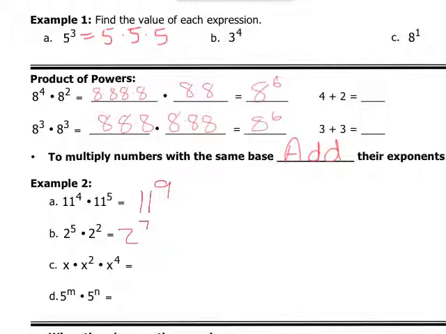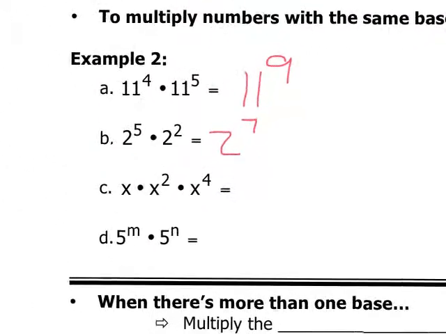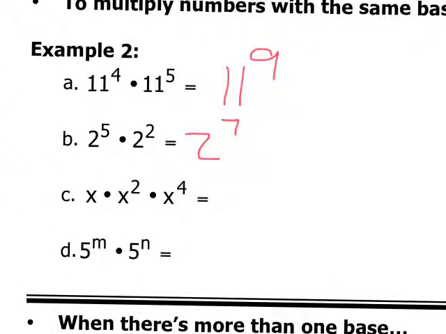If you really want to, you can put a little placeholder of 1 as the exponent. So a single x and 2 more makes 3 x's, and 4 more makes 7 x's. So I have x to the 7th. All right, D, I saw a lot of this on people's papers.